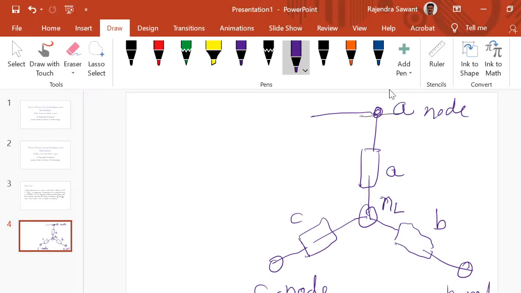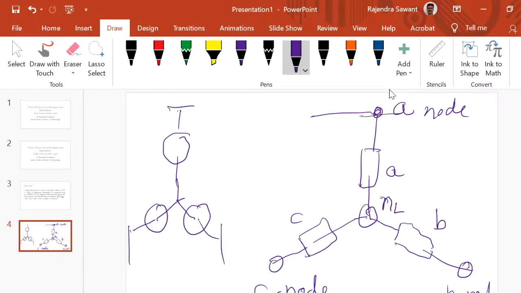Now similarly we shall have a system of star connected balanced supply. So here also we have three terminals. We can call them as, let's say, AS, BS and CS.